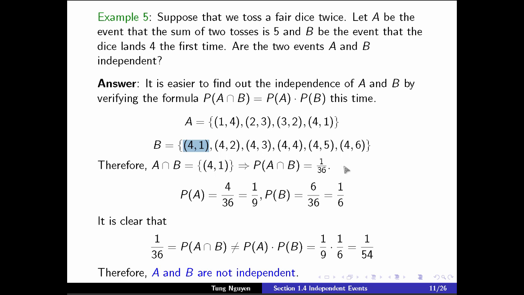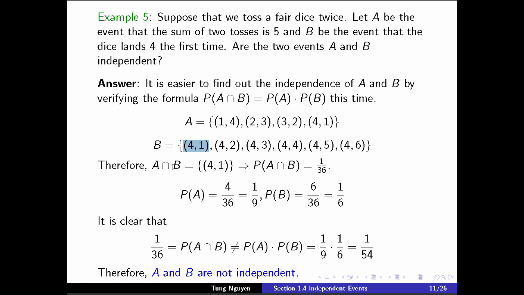And the total number of possible outcomes is clearly 36, because every time we have 6, and we do it 2 times, it will be 6 times 6 using the multiplication rule or the multiplication principle.